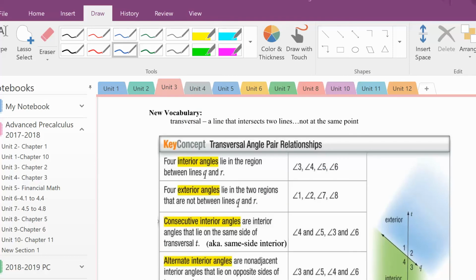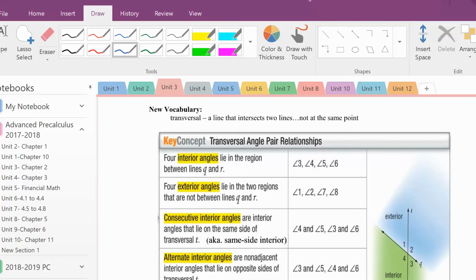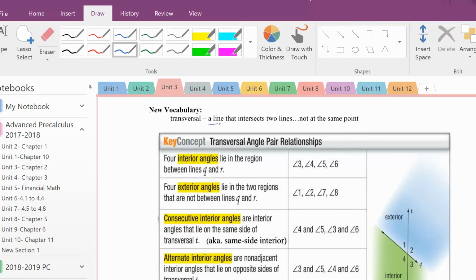All right, so now if we have two parallel lines, we have certain angle types that are created. And first we're going to talk about just angle types in general, whether the lines are parallel or not. We have angles that are formed when a line intersects two lines, and that line that intersects two lines is what's called a transversal.